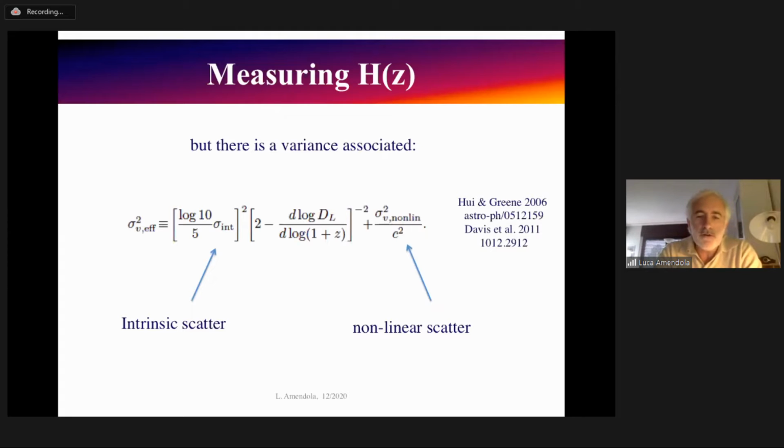Now, we have to consider the variance associated with the supernovae, and if there is an intrinsic scatter sigma_int, and if there is a nonlinear velocity attached to every supernova, then you have a combination, the one that you can see here, derived a few years ago by Hui and Greene and Davis et al., which gives you the extra variance on top of the measurement of the peculiar velocity.